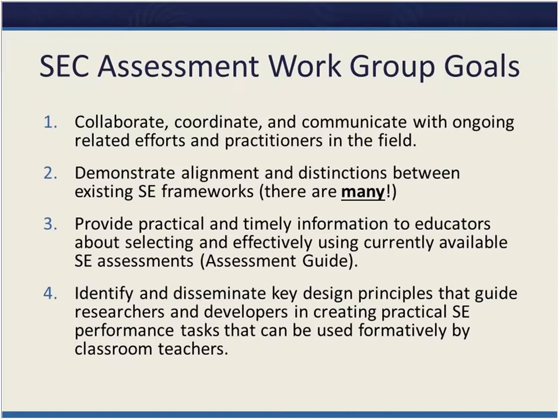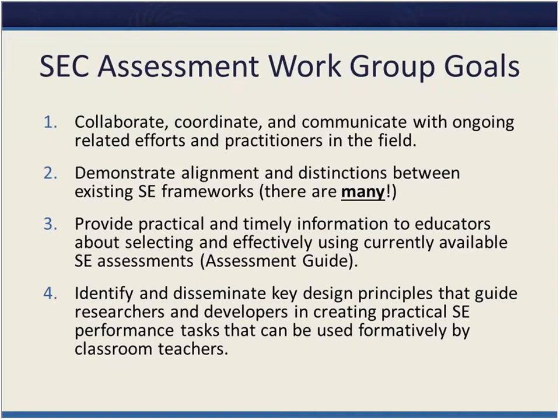The third goal of the work group, and the one we're going to focus on primarily today going forward, is to provide some practical and timely information to educators about how to select and use assessments. This is going to take the form of a guide that is going to be available in beta form in the fall of this year and available as a public launch in the beginning of 2018.